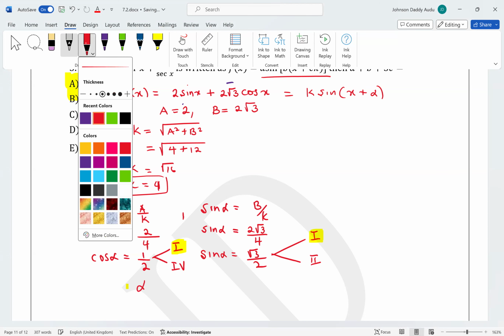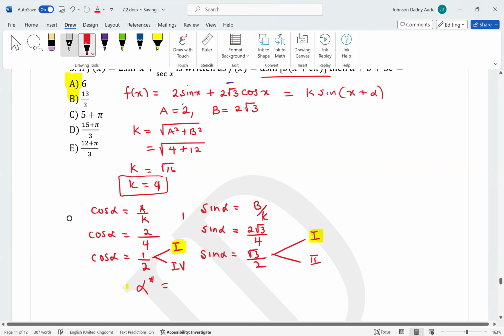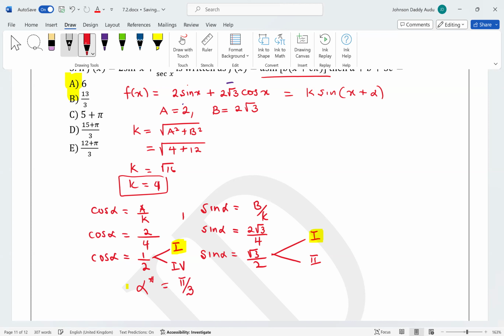So alpha star will be in the first quadrant. You need an angle in the first quadrant whose cosine is half and whose sine is root 3 over 2. And that is definitely angle 60, right? Which is pi over 3. Because pi over 3 is 60 degrees.